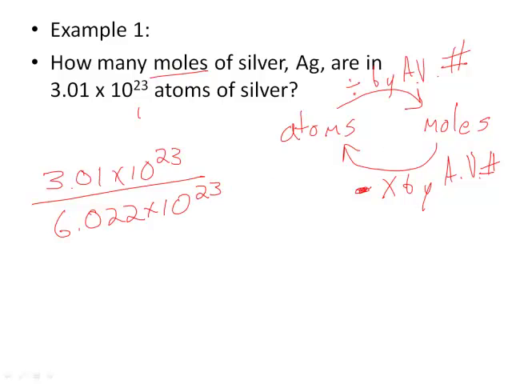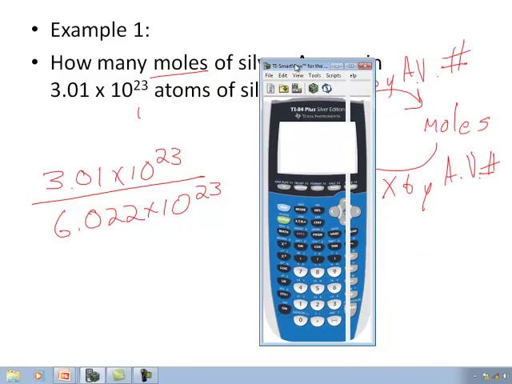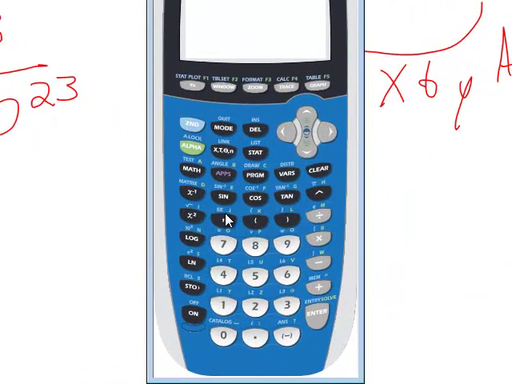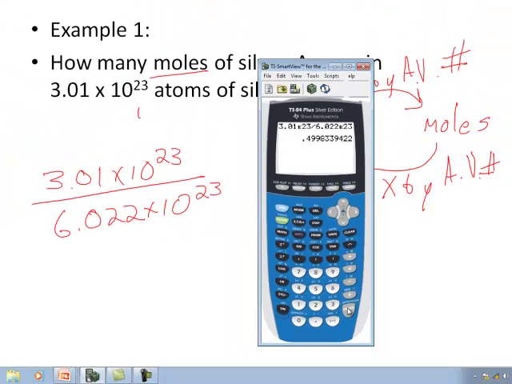I pull out my handy-dandy calculator, a TI Smart View, so I can do this calculation real quick. I type in 3.01 E 23 divided by 6.022 E 23. Enter.